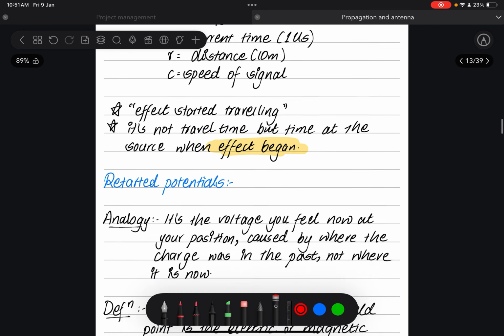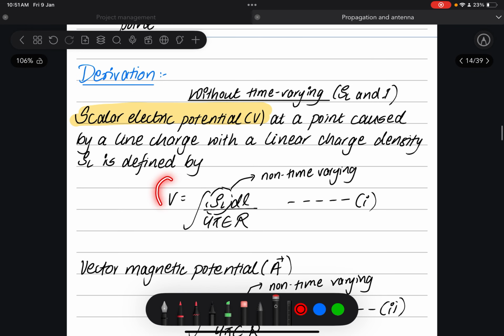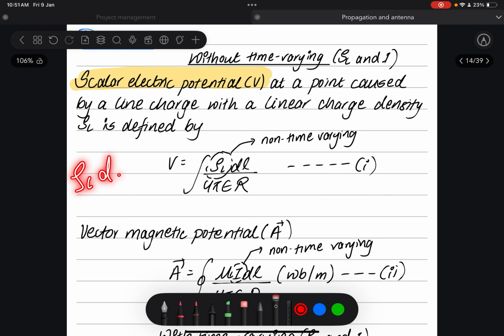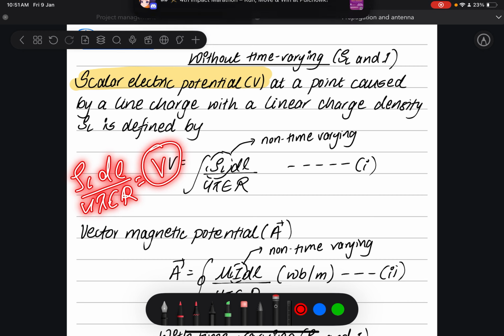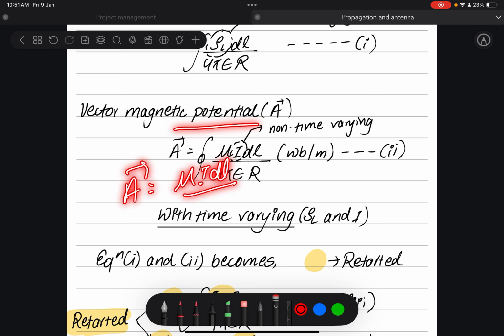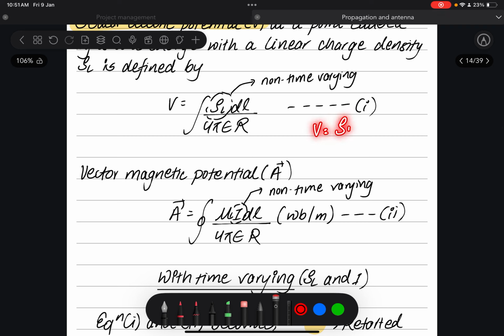You don't have to worry about it. You can see the scalar electric potential formula. Very easy. You can write lambda dl upon 4 pi epsilon naught r for scalar electric potential, and for vector magnetic potential it's mu I dl upon 4 pi r. Again, let's revise: V equals lambda dl upon 4 pi epsilon naught r.